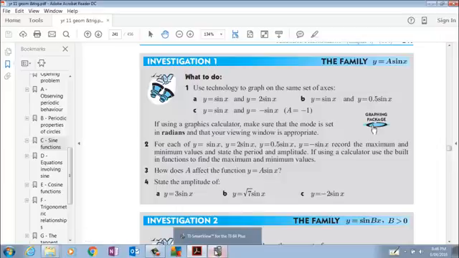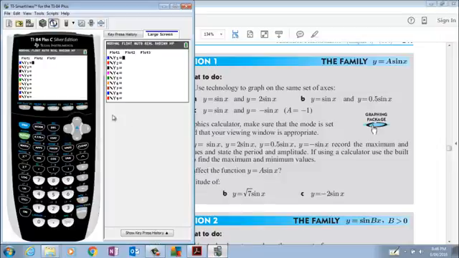So to do that, we bring up our graphics calculator and we're going to put in first of all sine x, which is there.